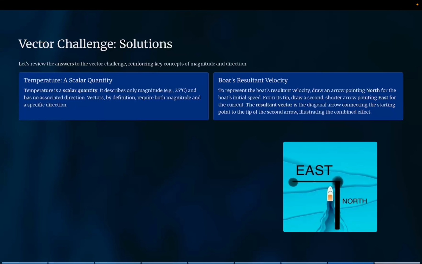That means starting from the beginning of the north arrow until the end of the second arrow, without the turn. That's simply the displacement.